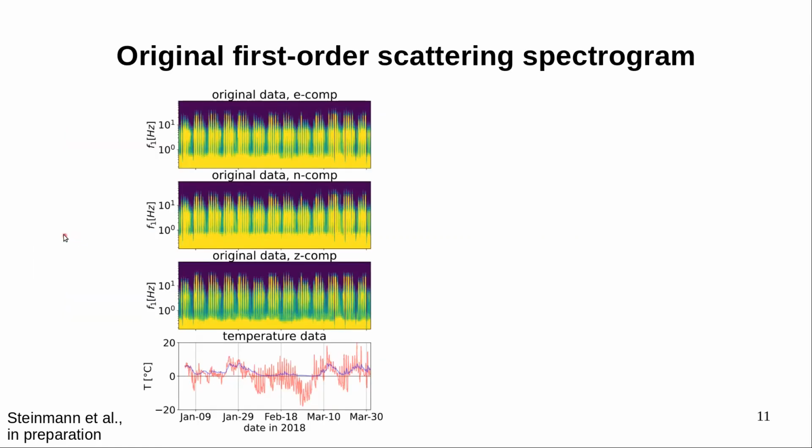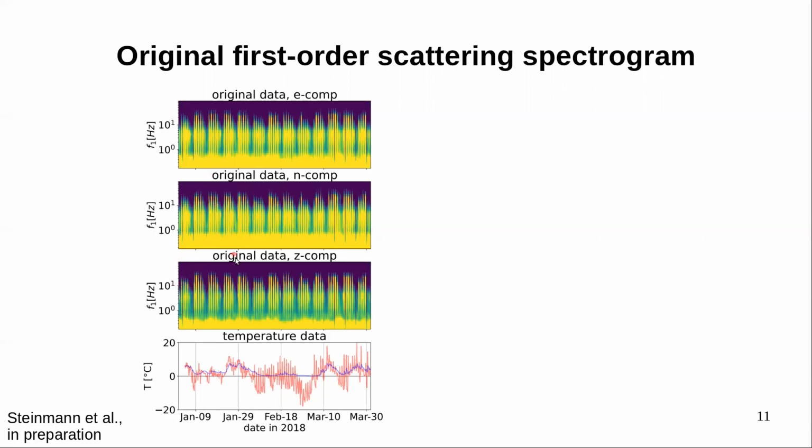So first I want to show you the original first order scattering spectrogram. I don't want to show you the whole scattering spectrogram because it's too much data. But the first order scattering spectrogram can be interpreted as a Fourier-based spectrogram. So we have the time axis here from January to March. And then on the y-axis, we have the frequencies, which are the center frequencies of the first order wavelets.